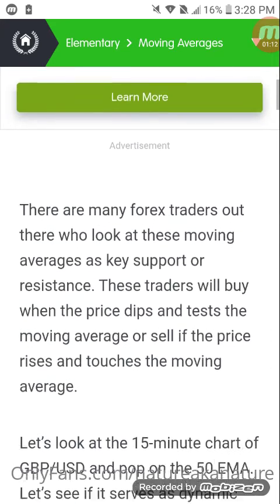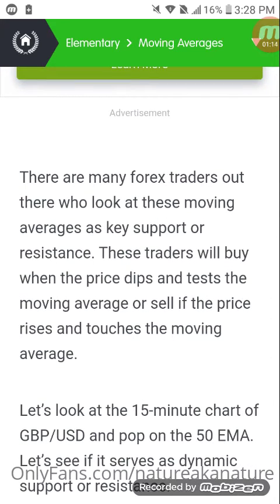Many forex traders look at moving averages as key support and resistance. These traders will buy when the price dips and tests the moving average, and sell if the price rises and touches the moving average.